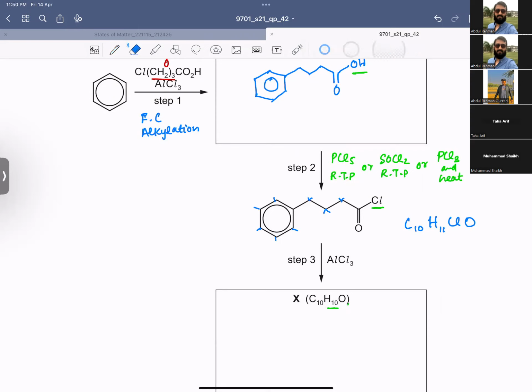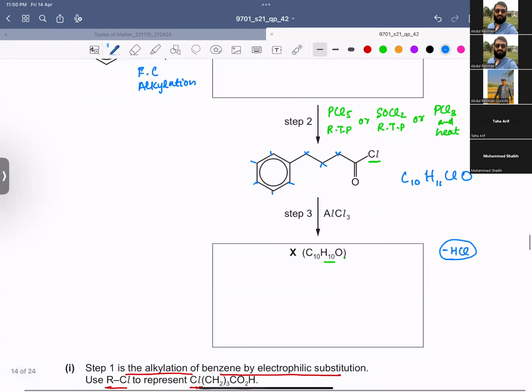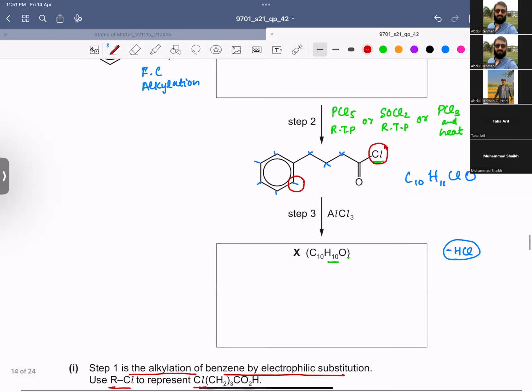So it is suggesting to me that HCl is actually removed from the molecule. So this can be a possibility that the chlorine from here and the hydrogen from the neighboring carbon actually get removed to form HCl.